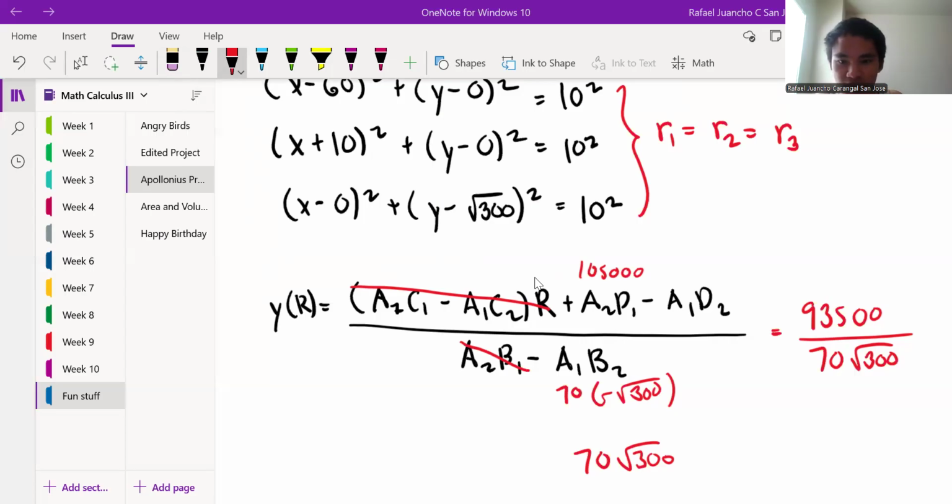Oh, so this is A1. My A1 is 70. Also, I did get the right computation. Okay. Then if I minus 11550.